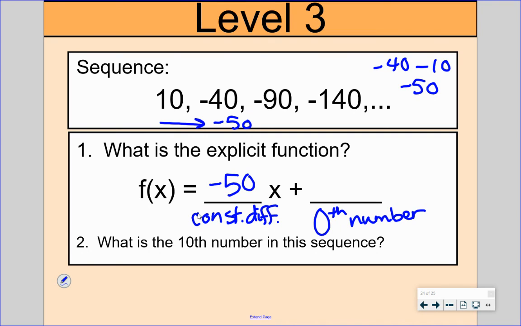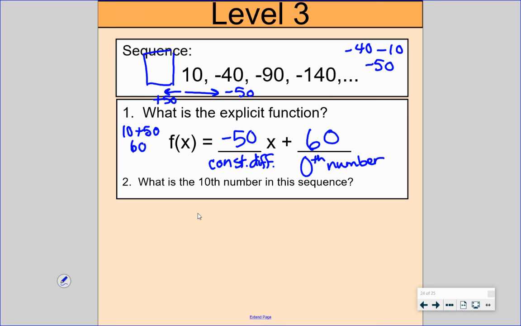Adding -50 is like subtracting 50, so going backwards we add 50. So for the number before our first number, our 0th number, we add 10 plus 50, and that gives us 60. So our 0th number is 60.